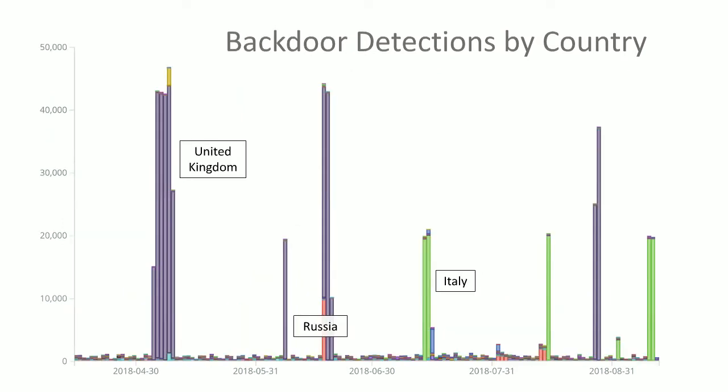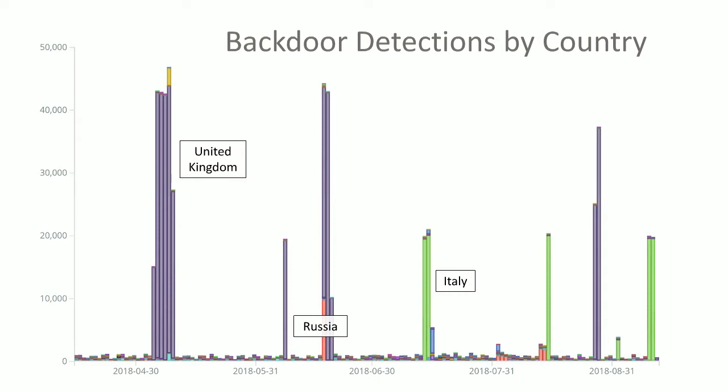Backdoors present a higher return on investment, a more expensive kind of malware, right? And I think this story in particular may have to do with the Skripal alleged assassination attempt in the UK.